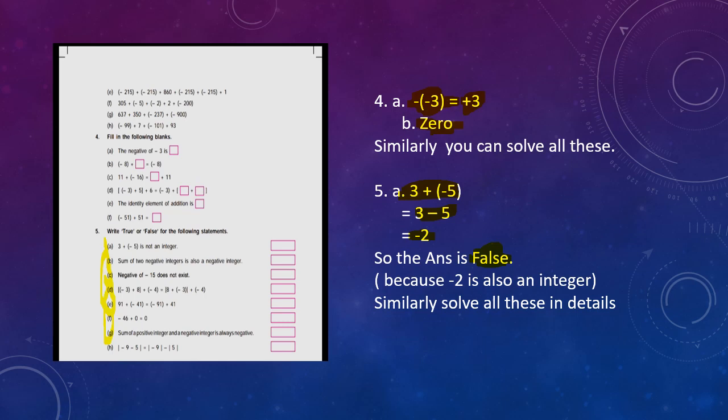On the basis of your answer, write true or false in the given boxes. Similarly, we have solved all the questions of worksheet 4. So solve all these questions one by one and try to understand the properties of integers. Thank you.